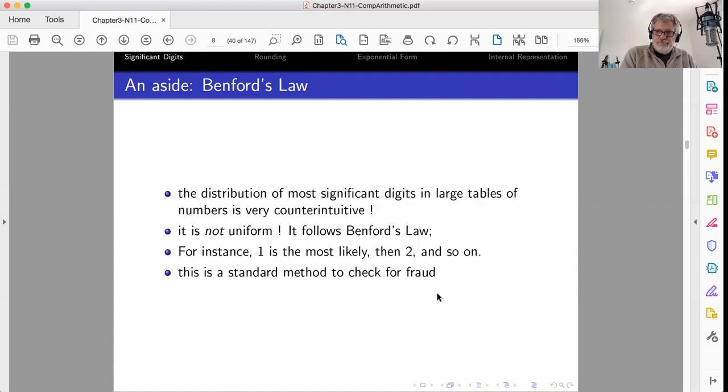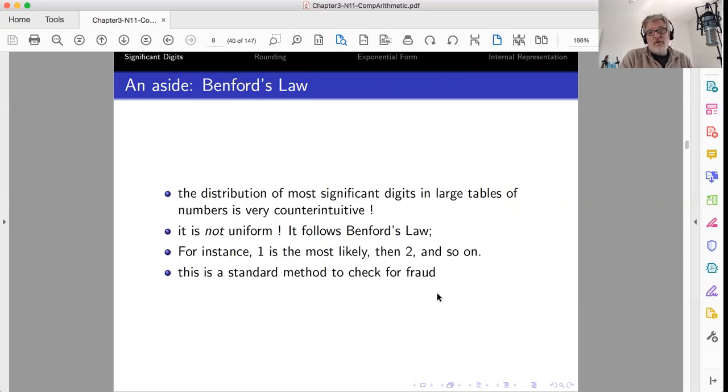But actually, it's not the case. This is something called Benford's law, which is way beyond what we're doing, but it's interesting to mention. It's very counterintuitive that, in fact, 1 is way more likely than any other digit to appear as the most significant digit. Then 2 is the most likely after 1, and then 3.